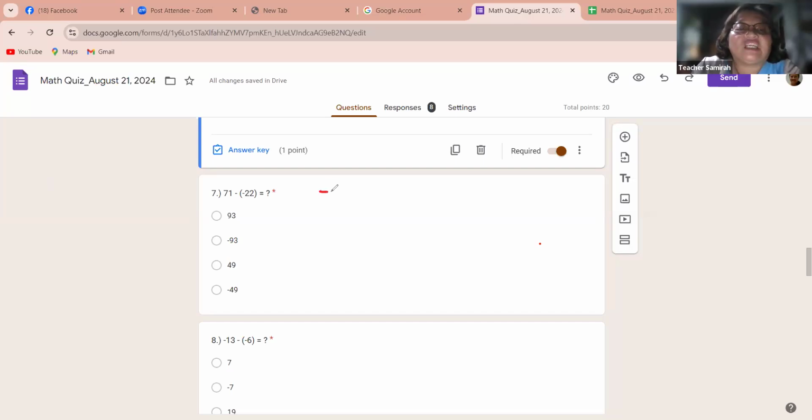So the first integer will still be the same, positive 71. The minus sign will be changed into an addition sign. And then the negative integer will become a positive integer. Okay. Look at this. What are we going to do? Add or subtract?